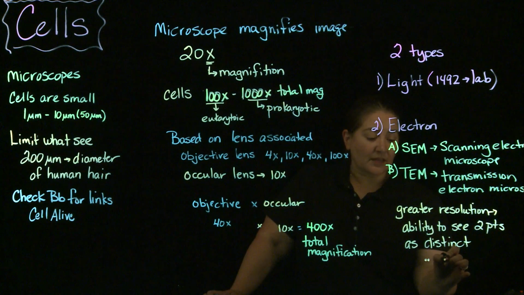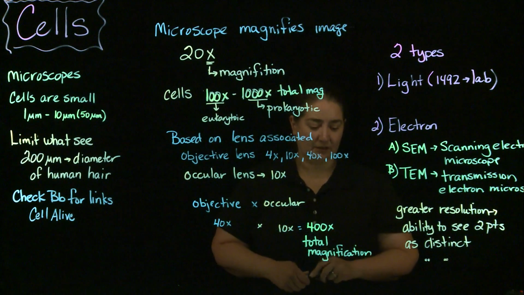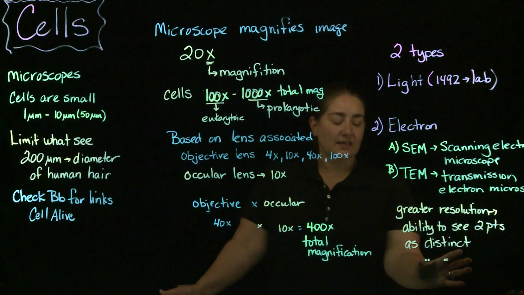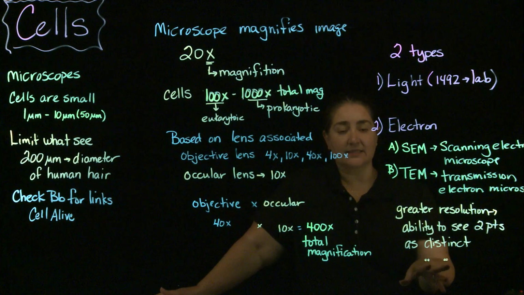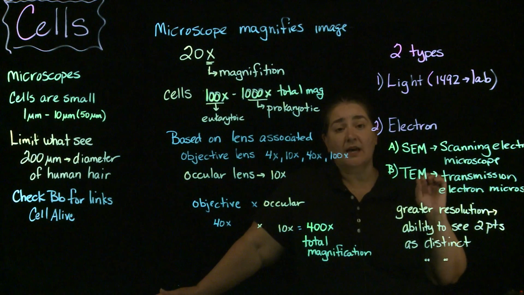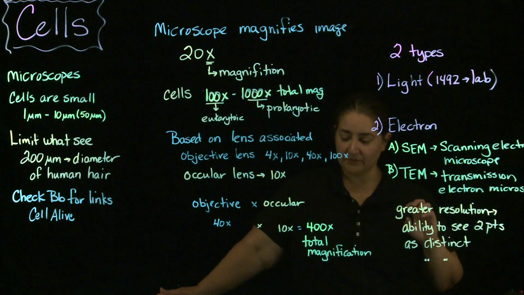These are 2 dots right next to each other. Resolution gets at being able to see 2 individual points as distinct points. So electron microscopes have greater resolution as compared to light microscopes.